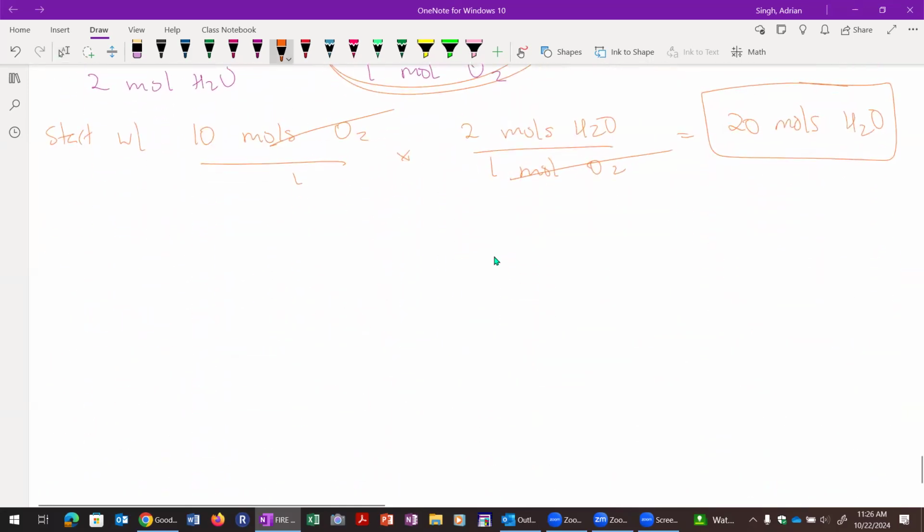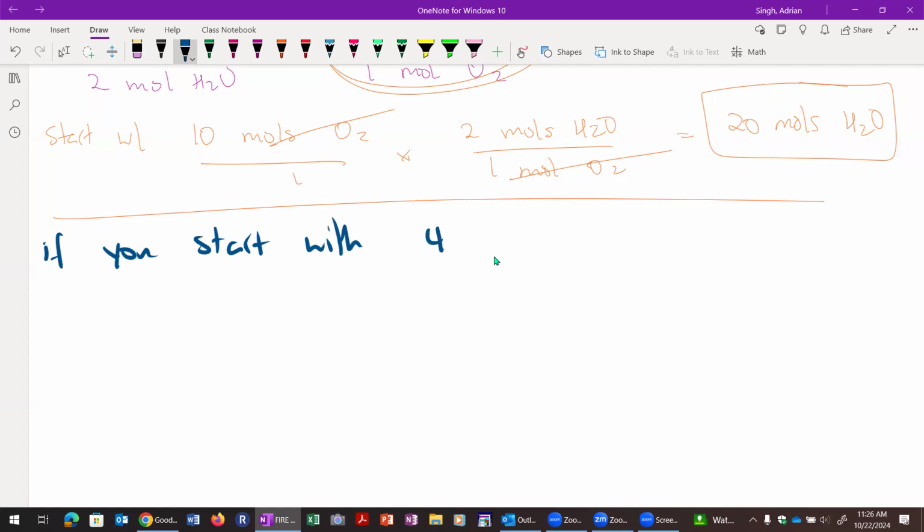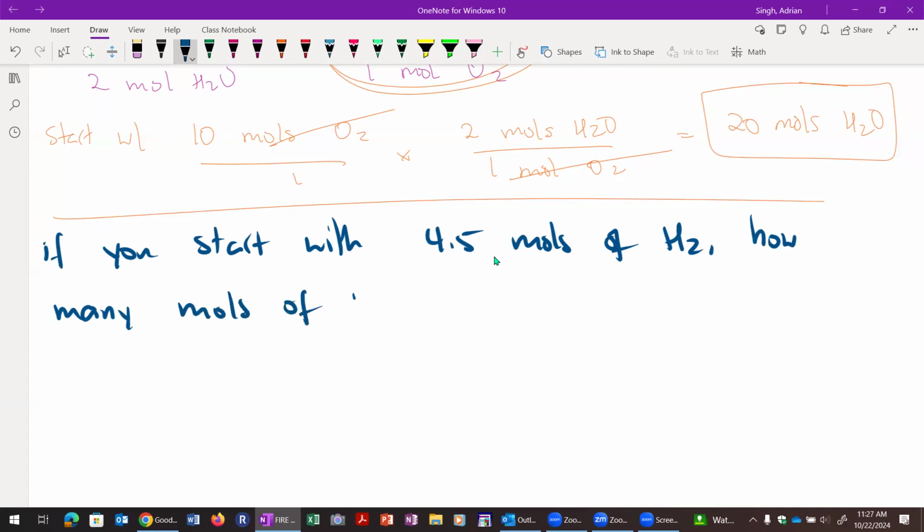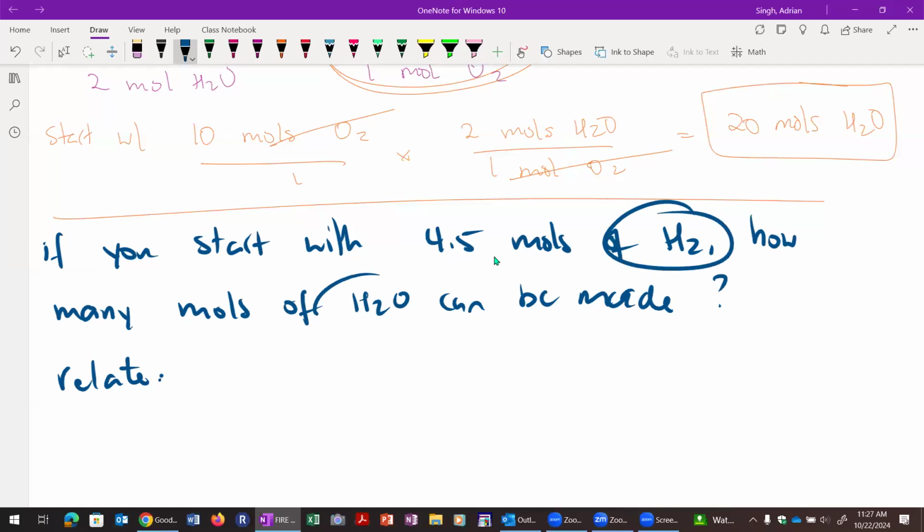If we look at another example using that same equation, let's say you start with 4.5 moles of H2. How many moles of water can be made from that same equation? Well, now we want to relate the two things that we have, so the H2 to the H2O.